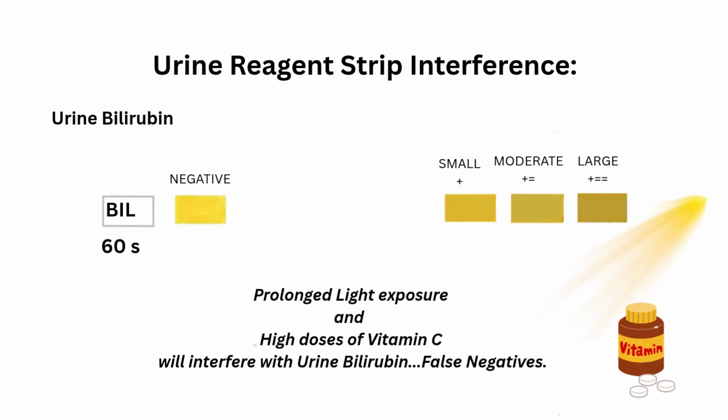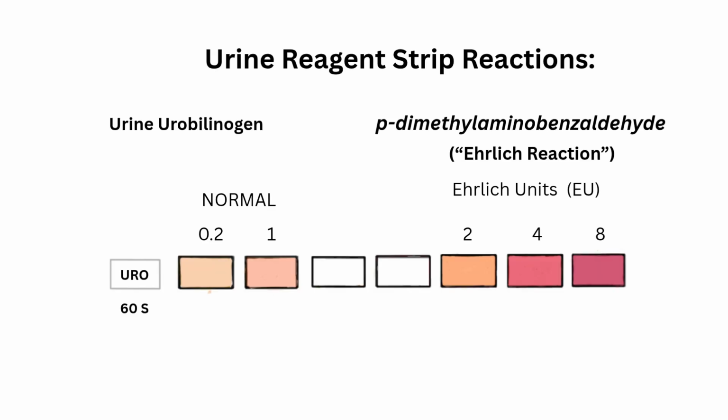This diazo dye has interference with prolonged light exposure and high doses of vitamin C, and they will cause a false negative. Urine urobilinogen method uses a modification of the Ehrlich reaction.